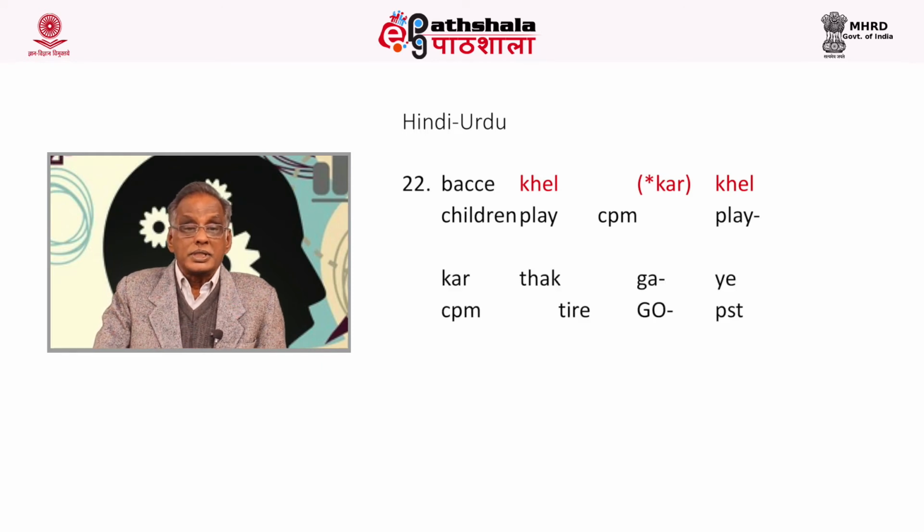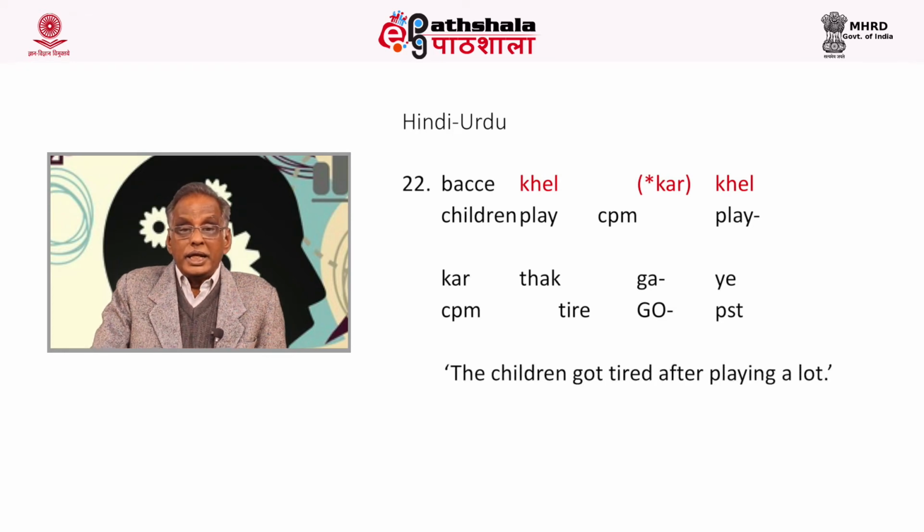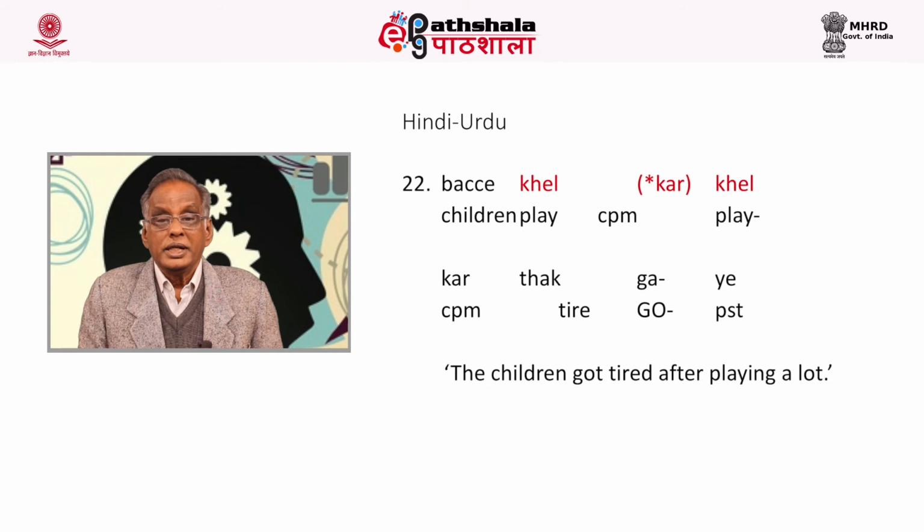This 22 is a reduplicated form. I'll explain that in a minute. In 22, the conjunctive participle is reduplicated or repeated. When repeated, it is only the stem that is repeated and not the conjunctive participle marker in Hindi, Urdu. Why? Because kar is a free form, so kar cannot be repeated.